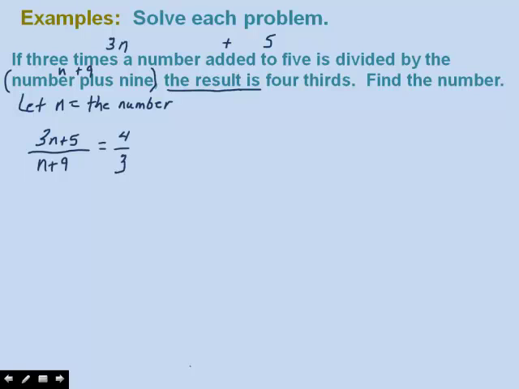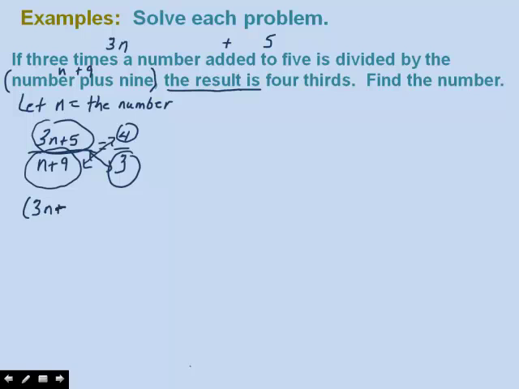Now we've got our whole equation written, and we can use cross multiplication in this one since we just have one rational expression on each side. We're going to multiply the 3n plus 5 times the 3, and then the n plus 9 times the 4.